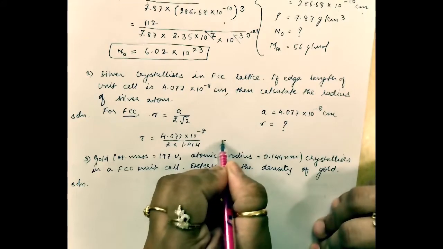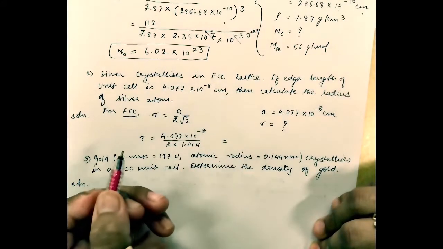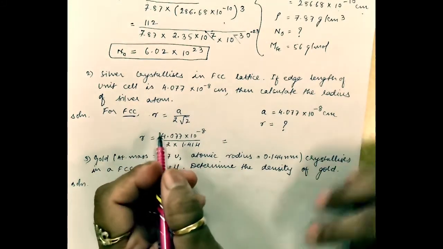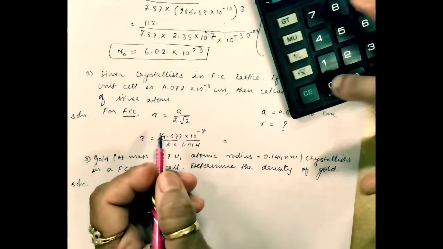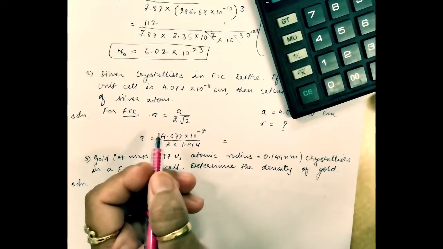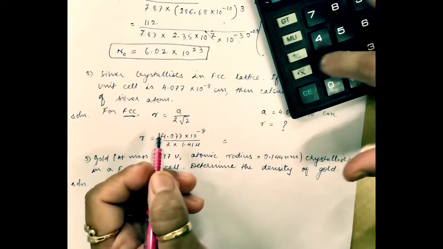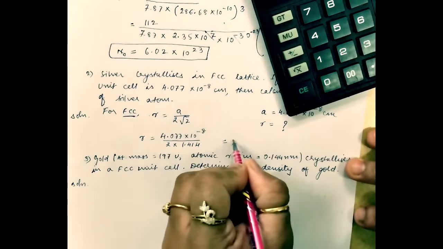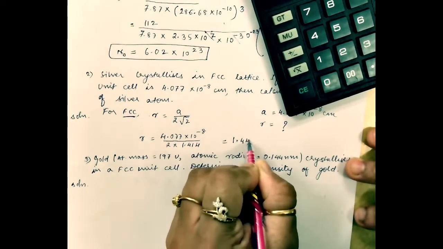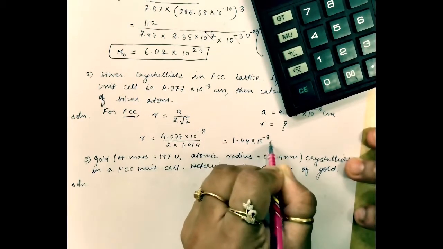If you calculate this, 4.077 divided by 2 divided by 1.414, it comes out around 1.44 into 10 to the power of minus 8 centimeters.